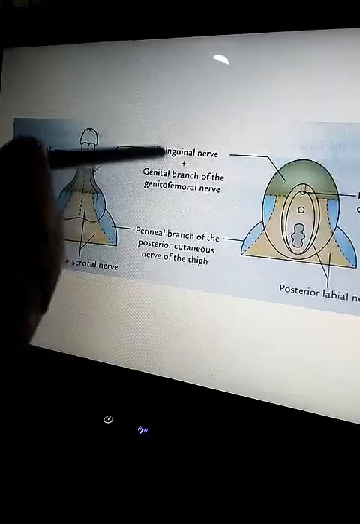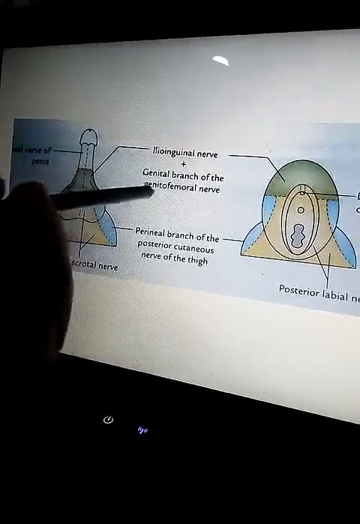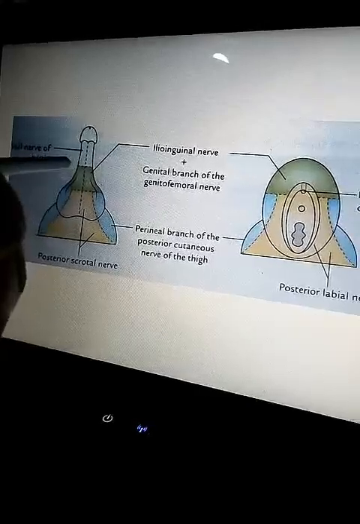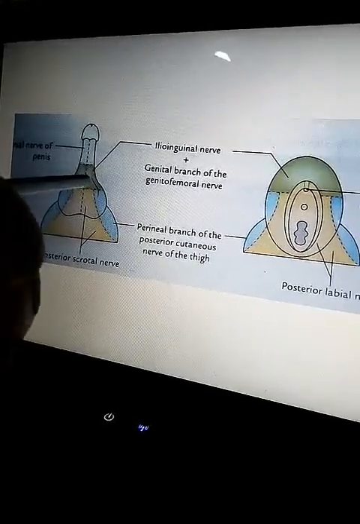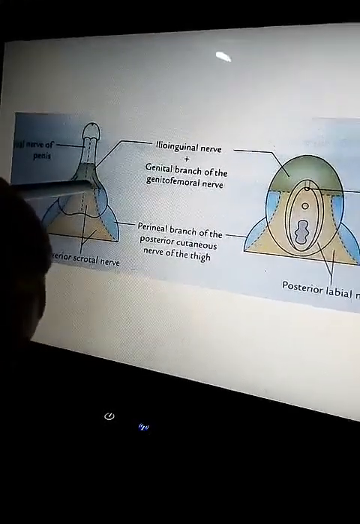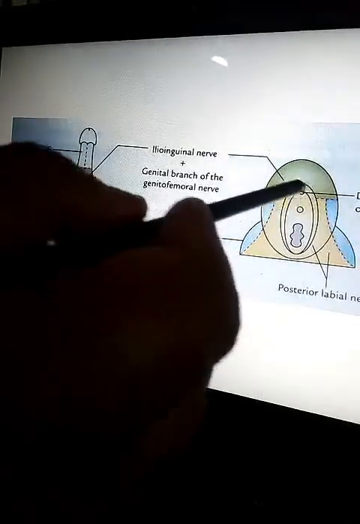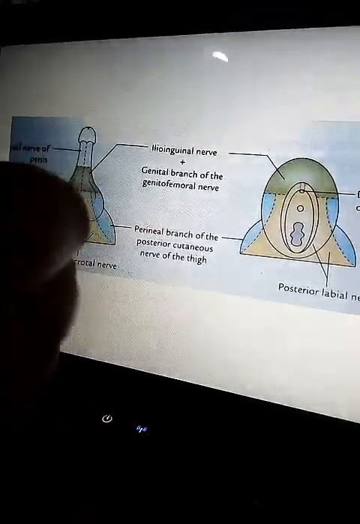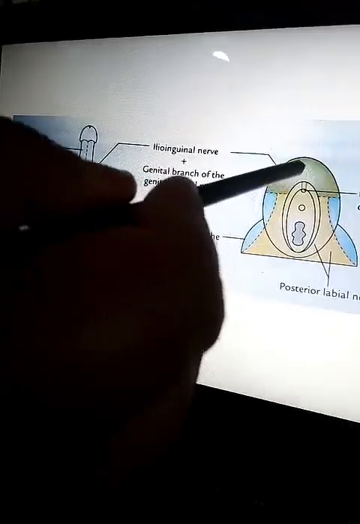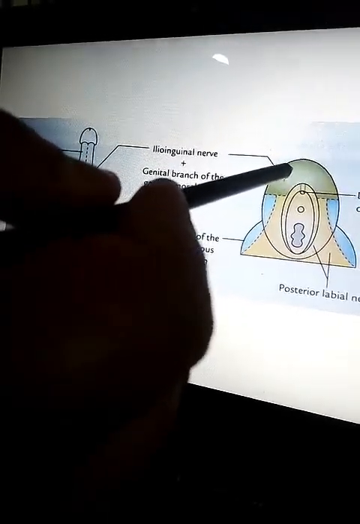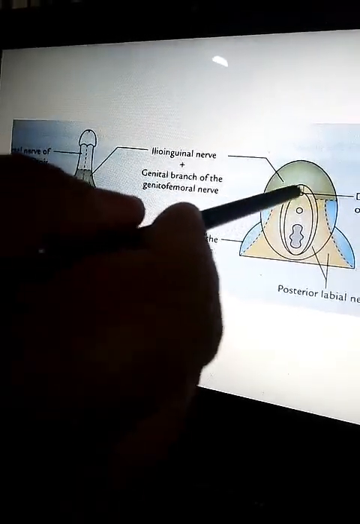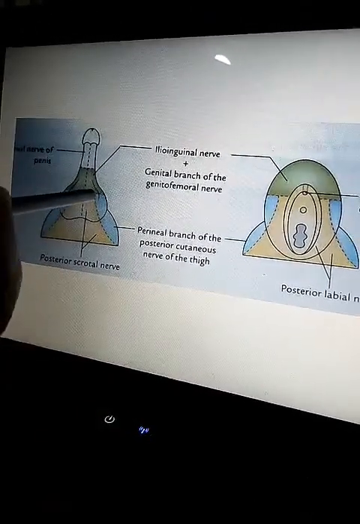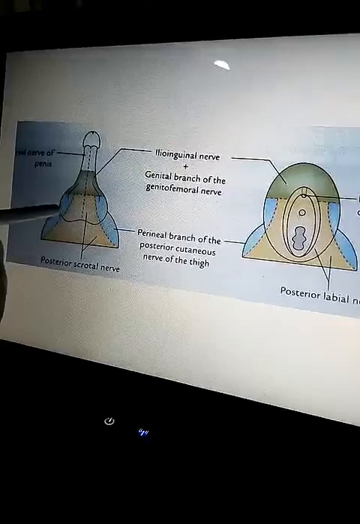Now, the ilioinguinal nerve and the genital branch of the genitofemoral nerve. These nerves supply the skin of the anterior one-third of the scrotum or labium majus and the root of the penis or clitoris.